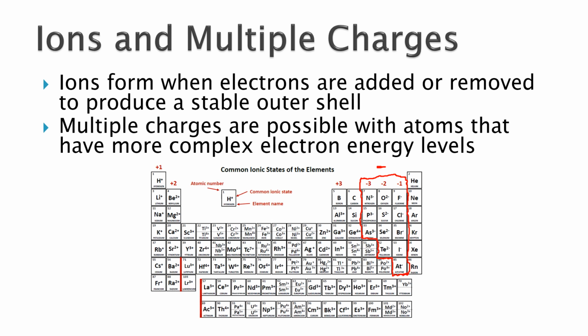And then everything else over here, when they become ions, they become positively charged. All your metals do that. And you can see that there are some that have more than one possible charge. And that's because the electron arrangements, once you get past the first 20 or so, start to get a little more complex. Well, we'll learn about that in later units. And you can see that the result is there's more than one way in which they can become stable.